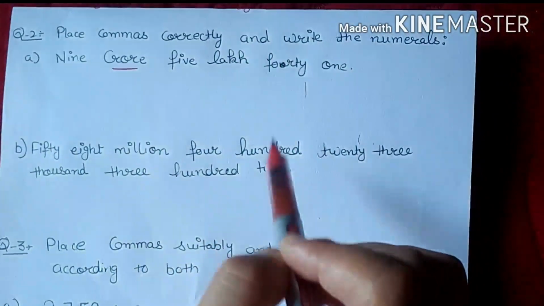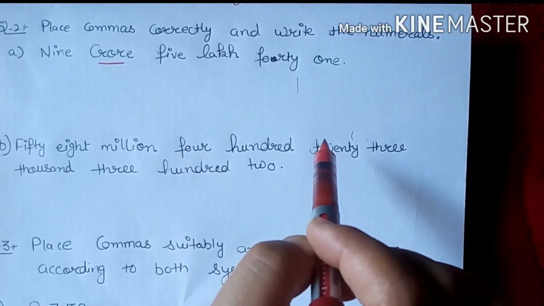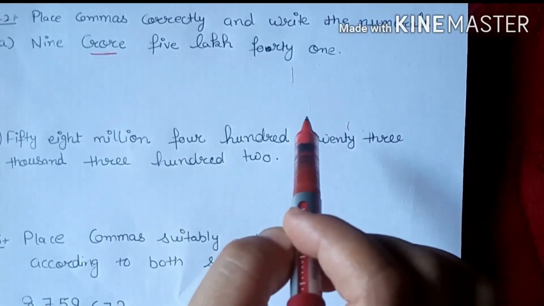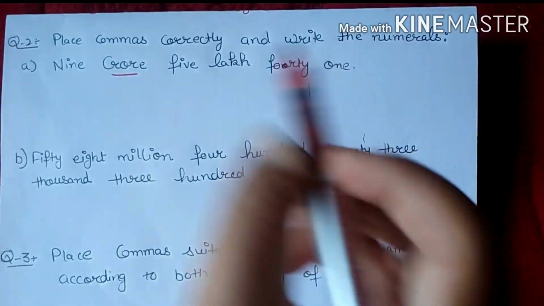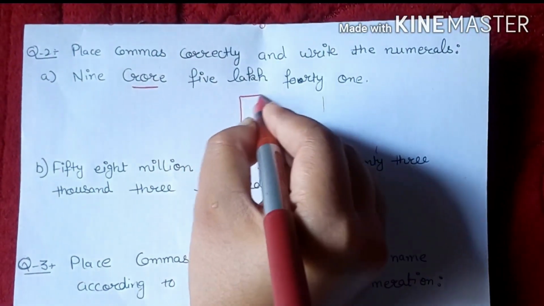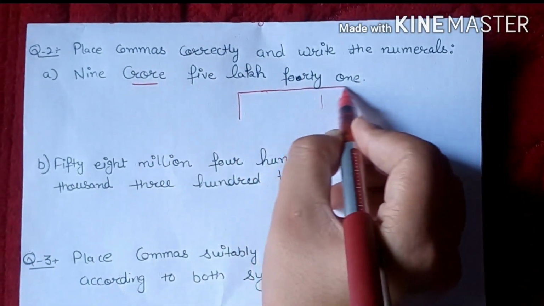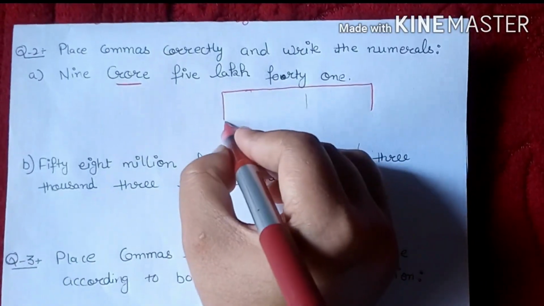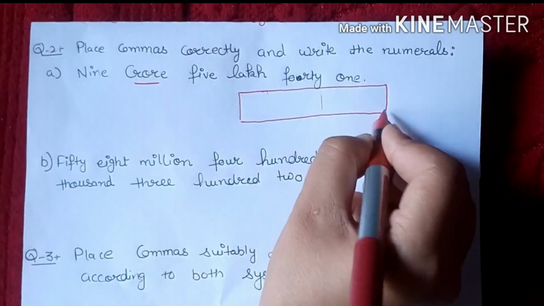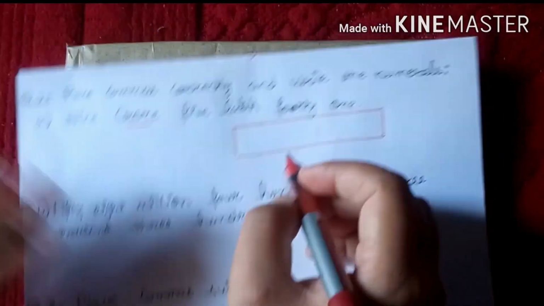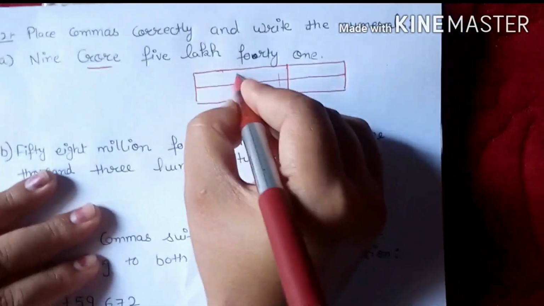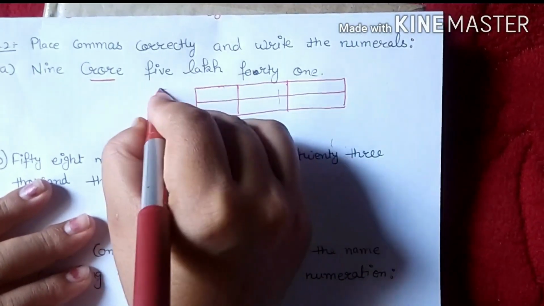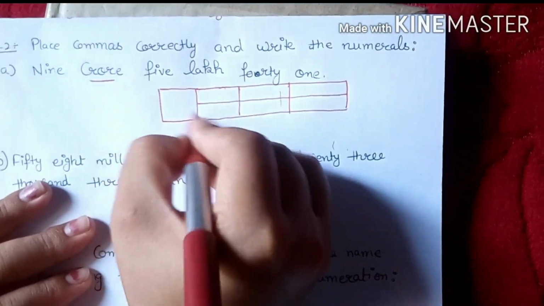Either you can make a table of the Indian numbering system, or you can set up the table in your mind itself. So I am doing this one question with the help of the table. I am making this Indian numbering system table. See, ones, thousand, lakh, and then crore.